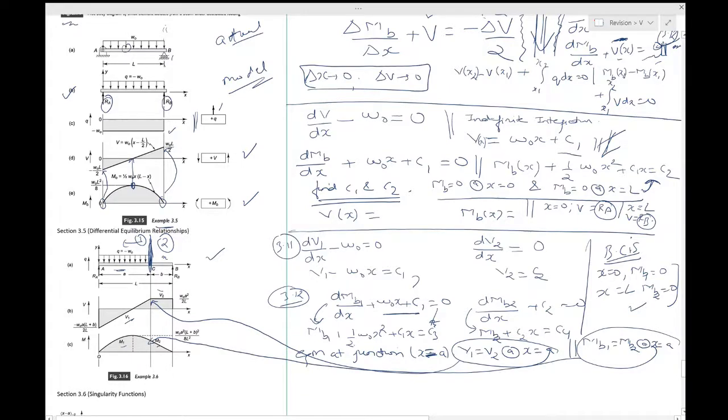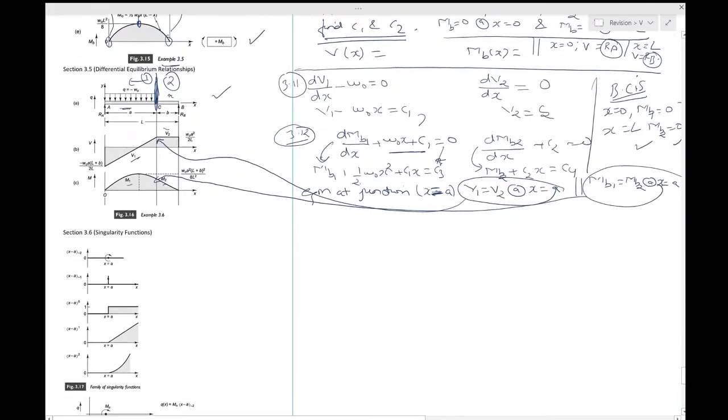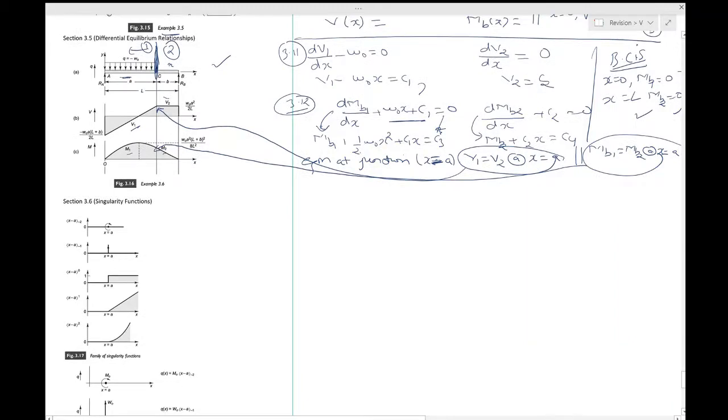That's how you solve using the differential equilibrium conditions, and you have seen how easily things can be solved. We have to be aware of all the tools which are there to solve problems, because different problems require different tools. Our job is to be comfortable with all the available tools which are out there.